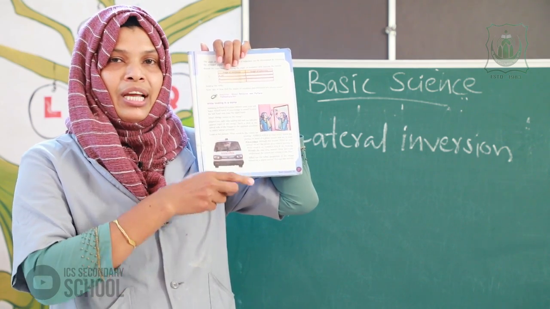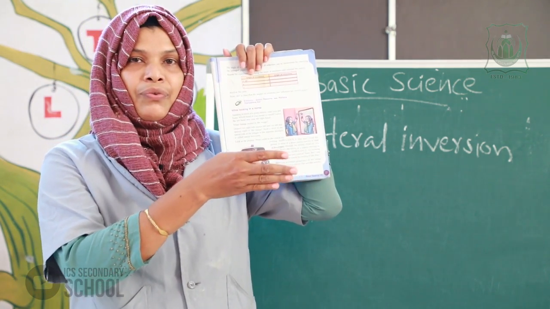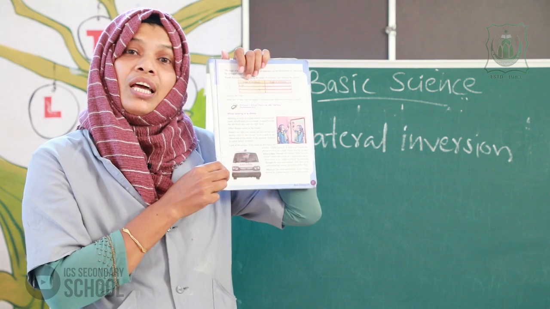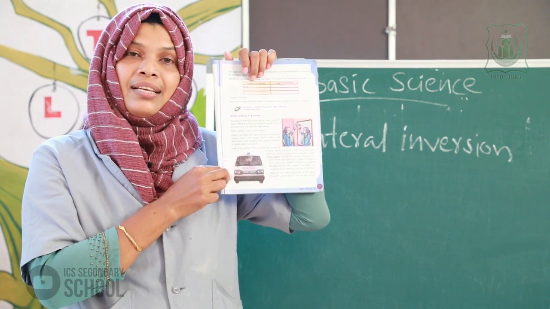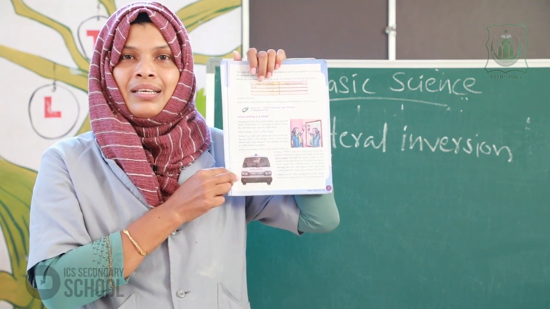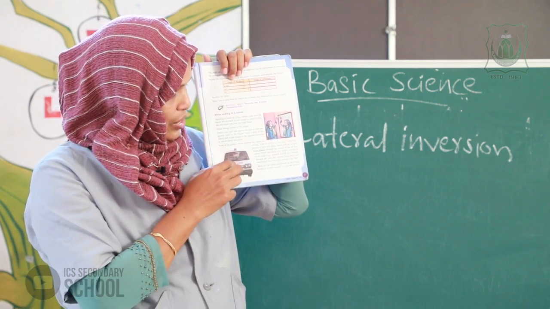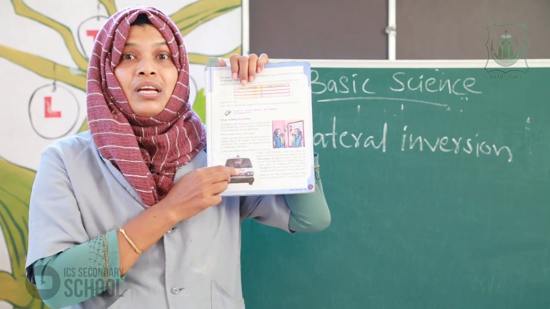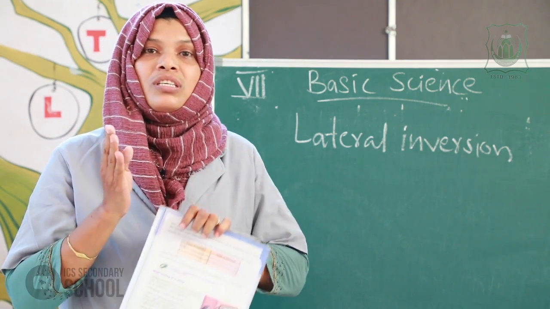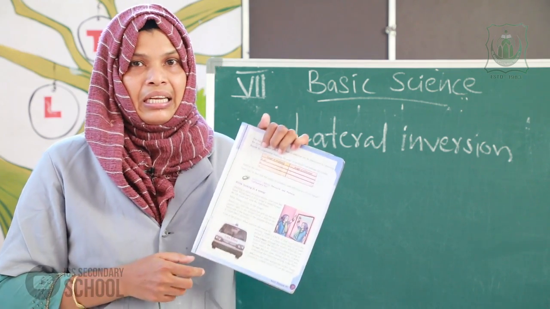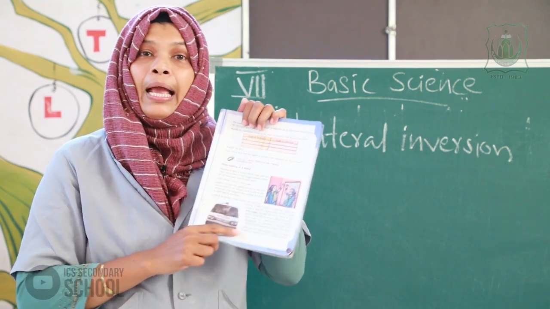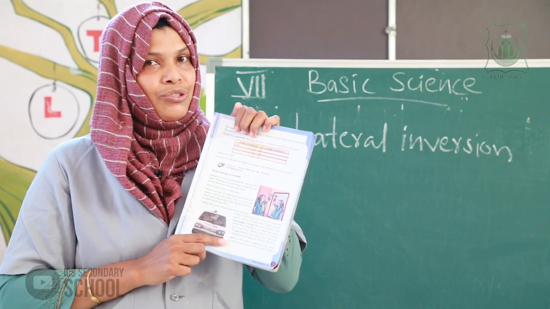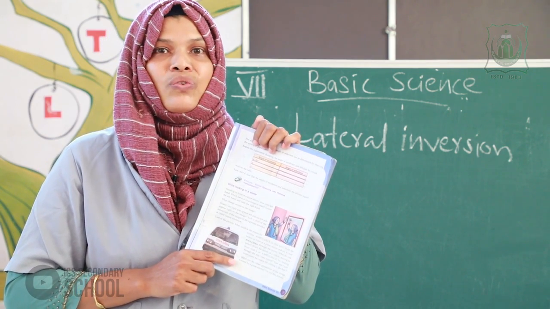No. Place a mirror in front of this and read it. You can read easily: ambulance. This is due to lateral inversion. The drivers in the vehicle can easily read the word ambulance through a mirror.